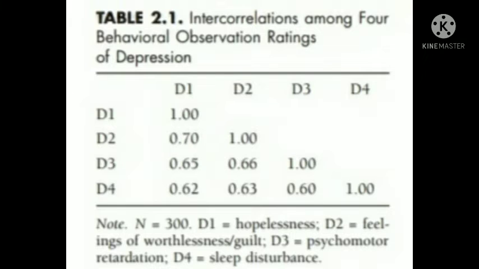These four clinical ratings or indicators are moderately intercorrelated. It is conjectured that each of these ratings is a manifest indicator of the latent construct of depression. That is, each of the observed symptoms, e.g., hopelessness, worthlessness, has the shared influence of depression.